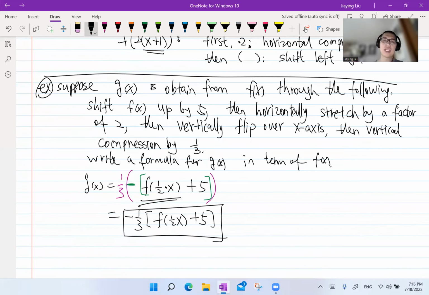Can I distribute the -1/3 into each term? That's fine. It's just that we sometimes prefer to leave it this way because this reflects what's actually happening. If we distribute the -1/3, we get -1/3 f of 1/2 x plus -5/3. So it's difficult to get the exact transformation from this distributed form.